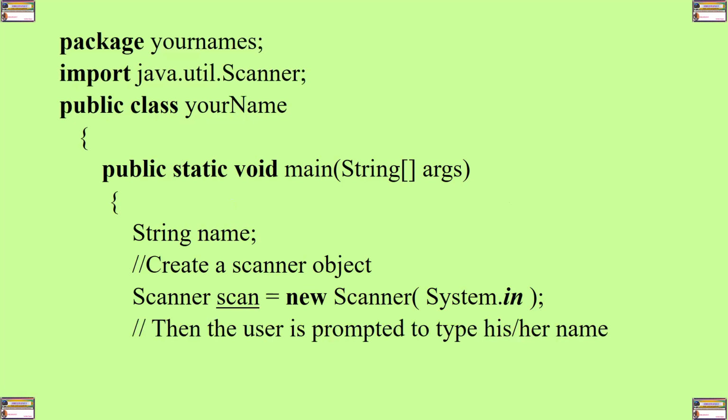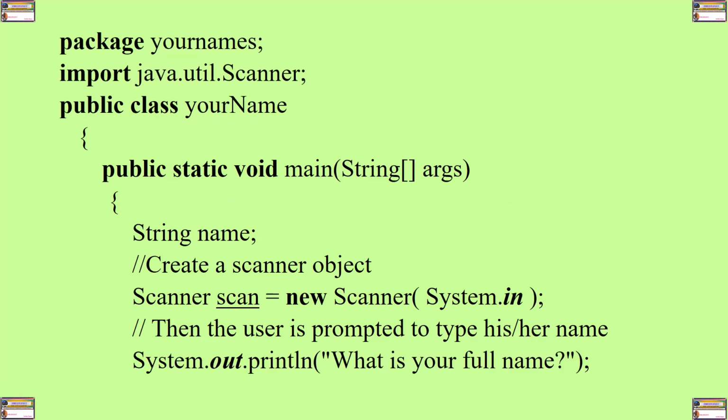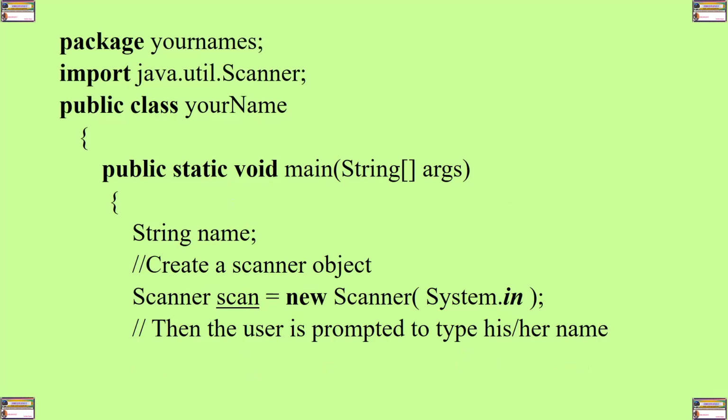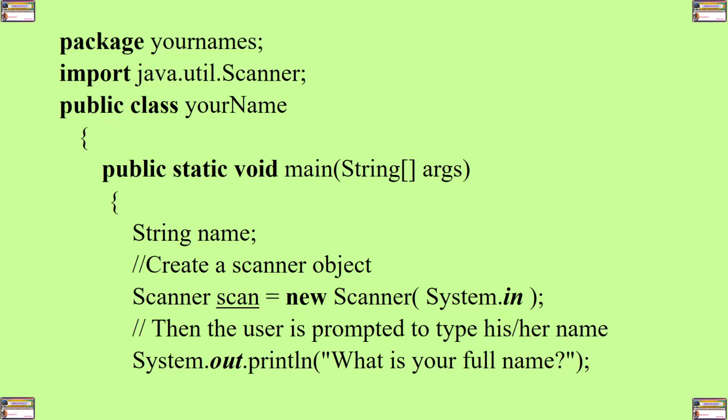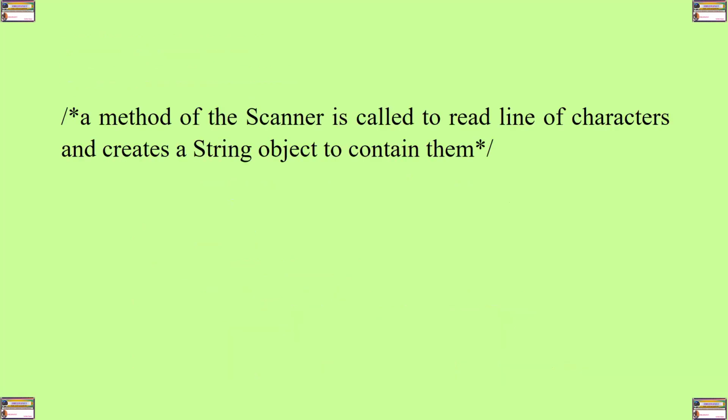Then the next thing you have done is to write a statement that prompts the user to type his or her name. As you have seen, this is how we write it: System.out.println.